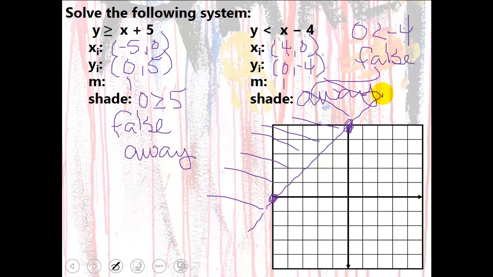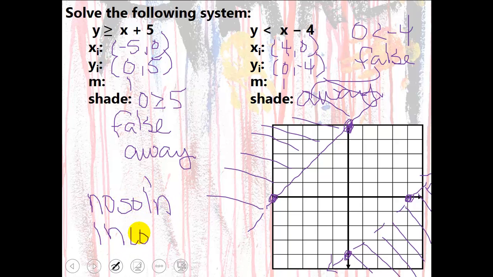And that's going to be over here. And this is a dotted line. So where do my colors overlap? They don't, so I have no solution. Inconsistent.